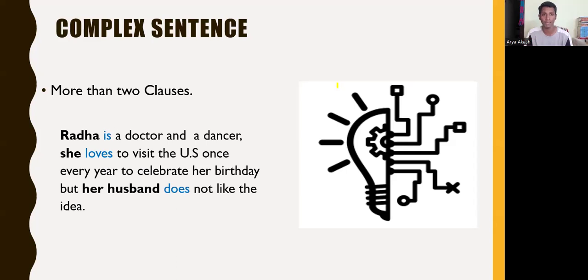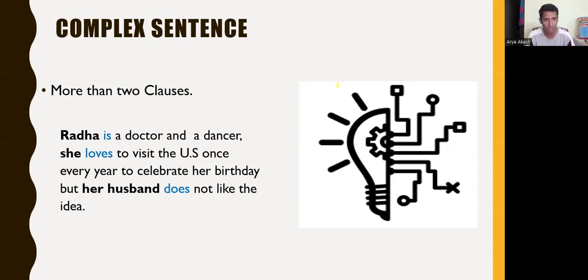It becomes more complex. So the take home from this particular session is that when we want to express ourselves in our day-to-day conversation, we don't just use simple sentences. We use compound sentences also. We use complex sentences also. In fact, we use more complex sentences. So when we form complex sentences, punctuations and conjunctions and relative pronouns and all these things are very important.